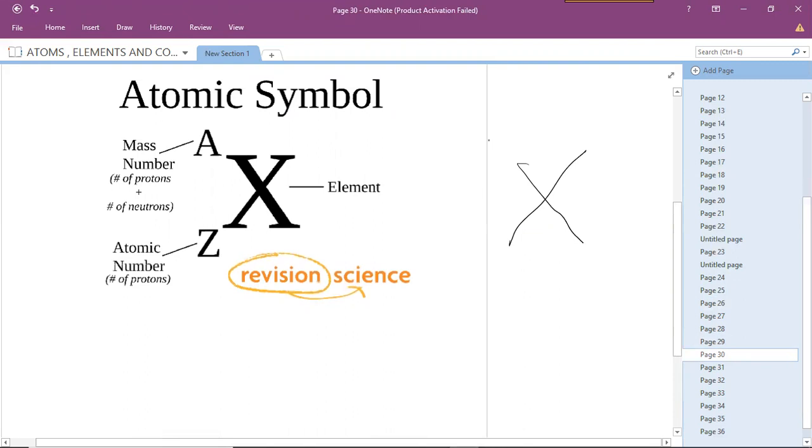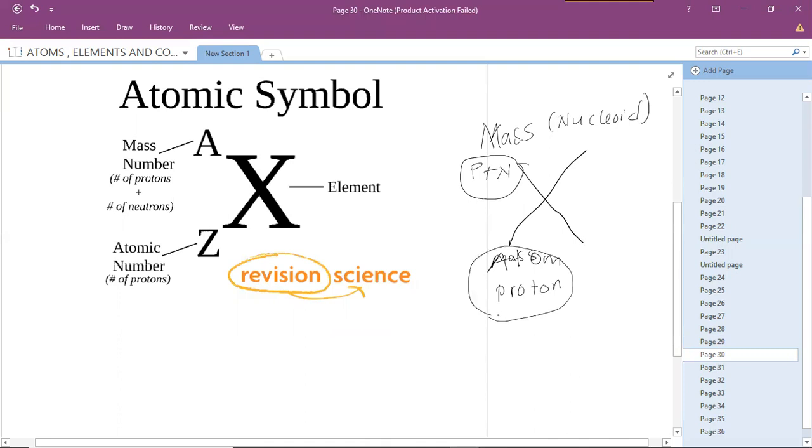Sometimes they interchange, but the big number on top is the mass number, which can also be called the nucleon number, which denotes the number of protons plus neutrons found within the nucleus. And then the number below is the atomic number, or proton number.